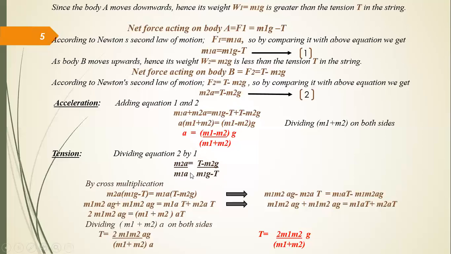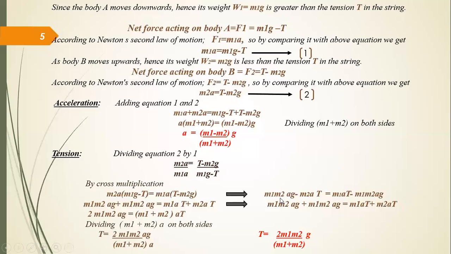After that, we have to solve this equation for tension T. T is here in the numerator and T is here in the denominator, so we have to solve this. By cross multiplication, m2a will be multiplied by m1g minus T, and m1a will be multiplied by tension minus m2g.